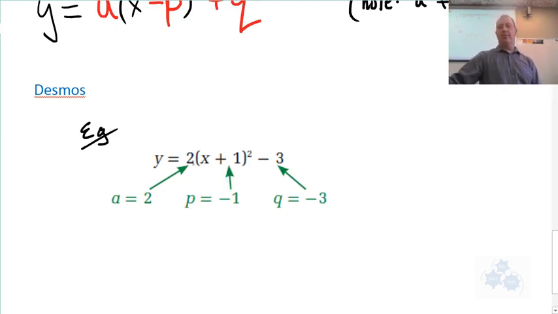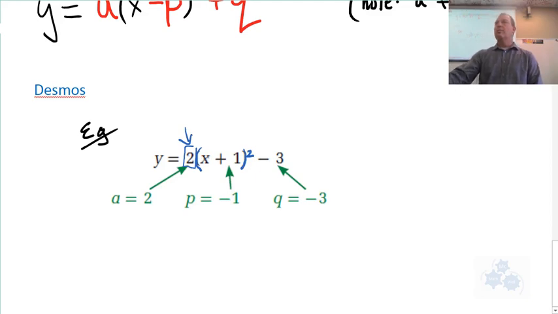But in this example, it's pretty easy to see that a is 2, because this is the a position in front of the brackets where the x is and the squared is, right? So a is 2. Now, what do we know about this parabola then? Which way does it open? Up or down, do you think? Yeah, it opens up because the 2 is positive.